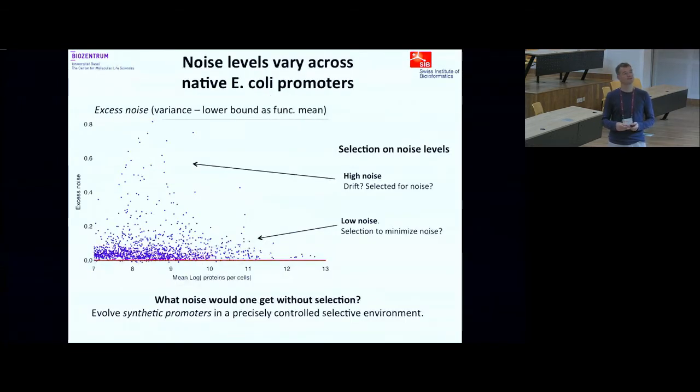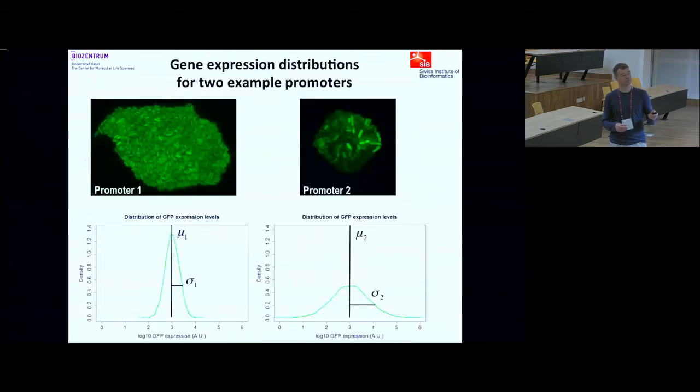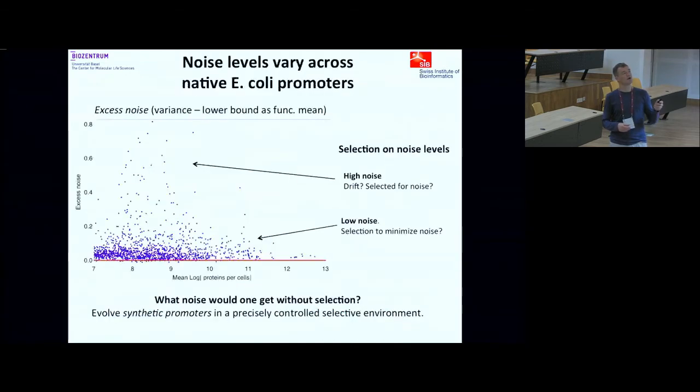If you do that, you get a picture that looks like this. Along the x-axis is the mean of the log expression of the cell, that's this mu. And along the y-axis is the variance minus a lower bound on the variance as a function of mean.